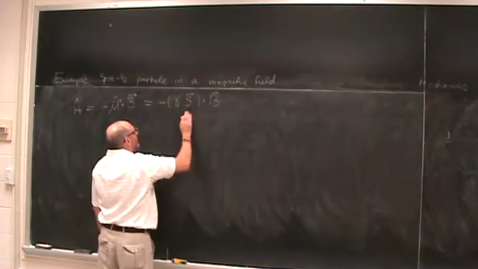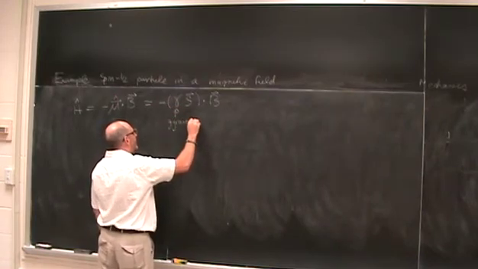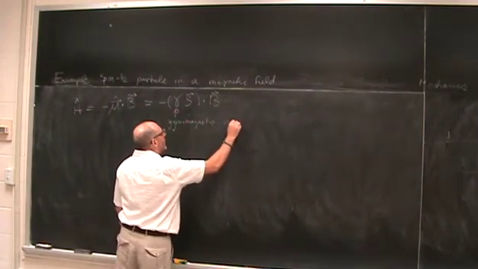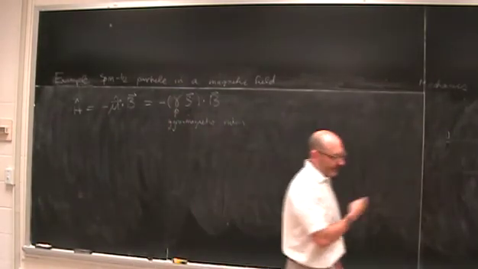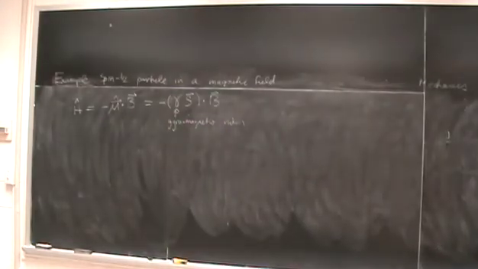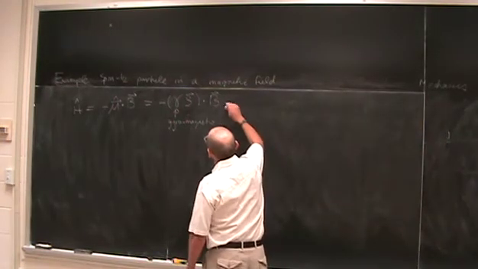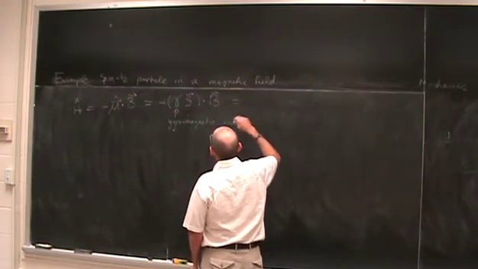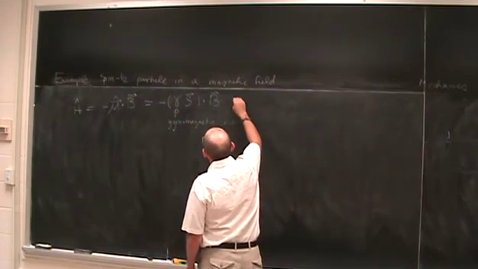This is what's called the gyromagnetic ratio. No, that's not the g factor. It's a little bit different. This has got the Bohr magneton and other stuff in it. So this is equal to the following.